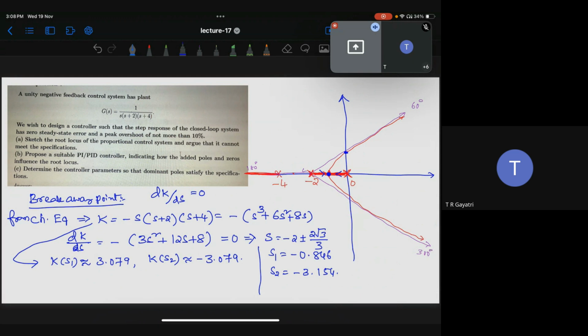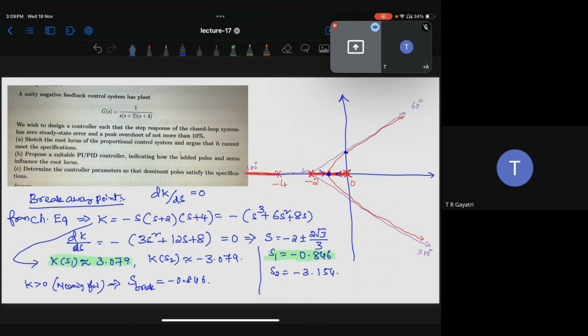But here we look only for k positive, only that is meaningful. So we consider only this one. Hence the break point is minus 0.846. Consider only this point.